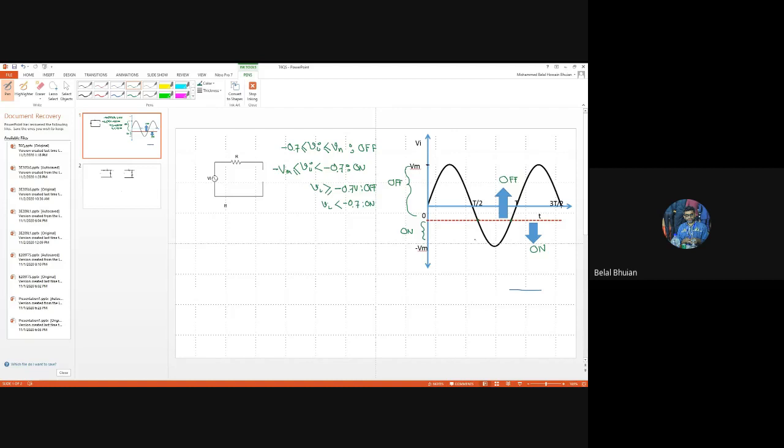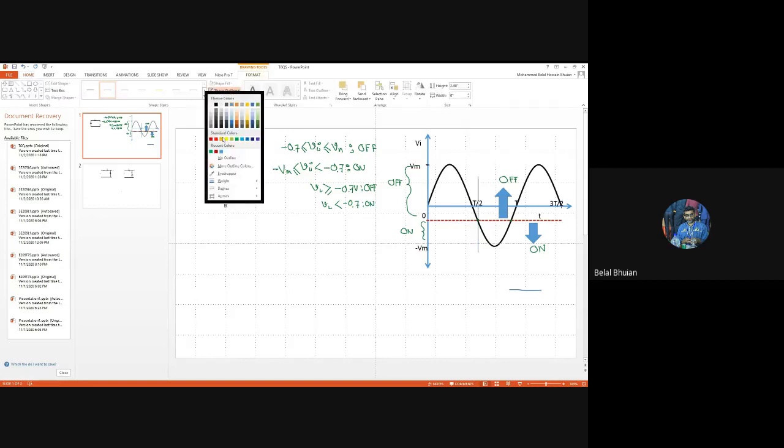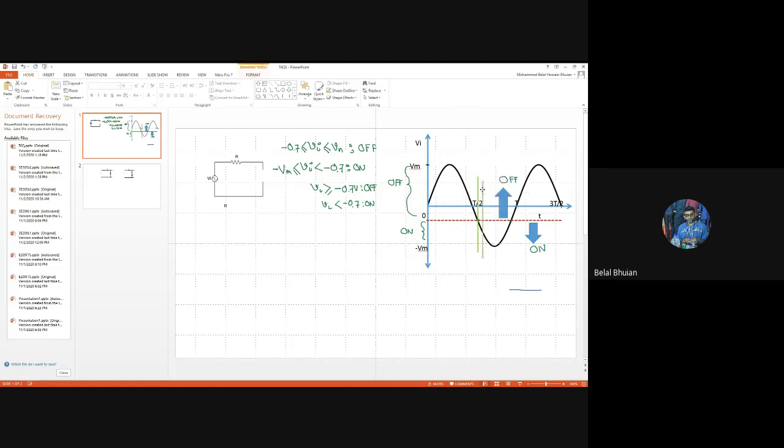So if I draw a vertical line like this one, one vertical line here, another one here.